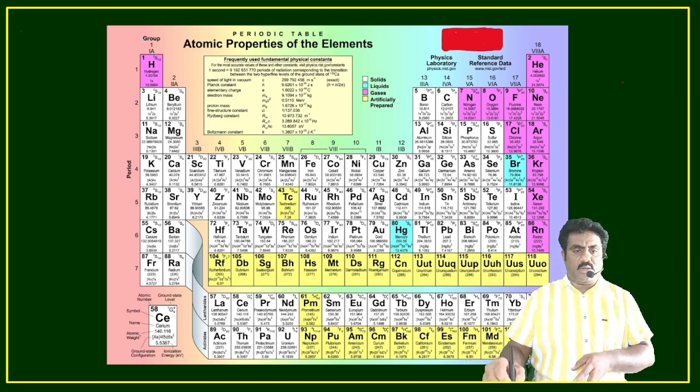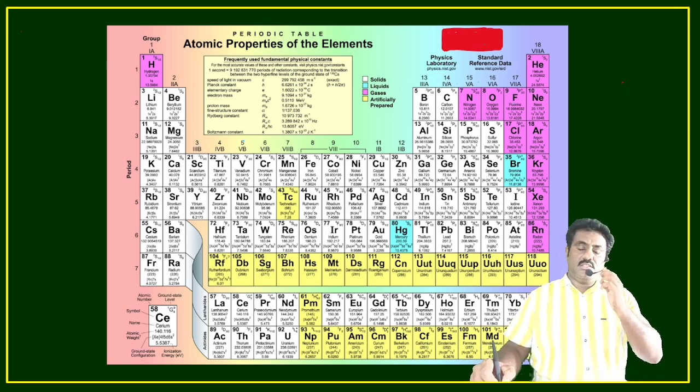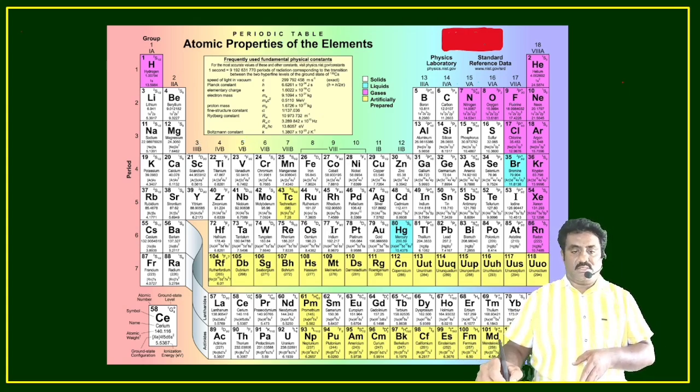Hydrogen is first A group, beryllium is second A. Look at boron, third A, carbon, fourth A, nitrogen, fifth A, oxygen, sixth A, fluorine, seventh A. Remember these things and we can easily find the charge of polyatomic ions. Look at scandium, third B, titanium, fourth B, vanadium, fifth B, chromium, sixth B, manganese, seventh B, iron, cobalt, nickel, these are eighth, and copper and zinc, first B and second B.